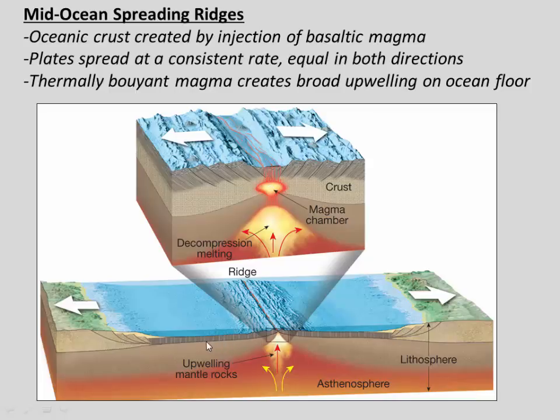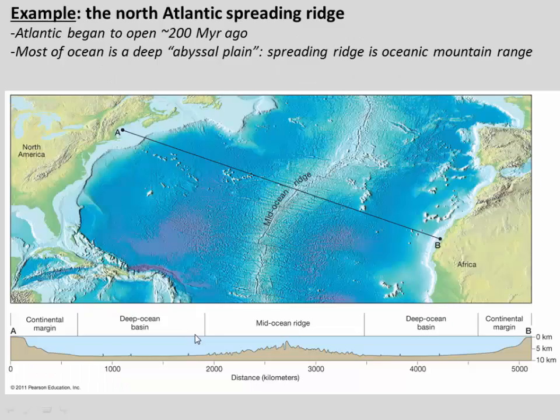Now, interestingly, we see these on the ocean floor, and we see them in the topography because all of this hot magma down here is buoyant, and it causes the whole seafloor to ride a little bit higher than the surrounding colder and denser seafloor. So if we look at the Atlantic Ocean basin, for example, here's New England, here's Africa, and we take a cross section across it, here's what it looks like.